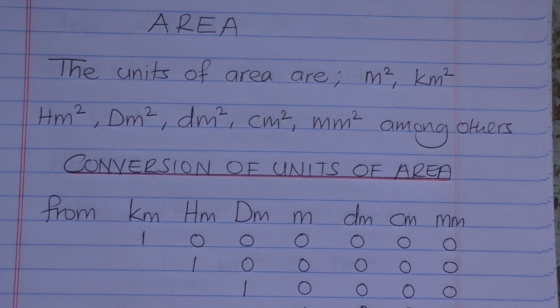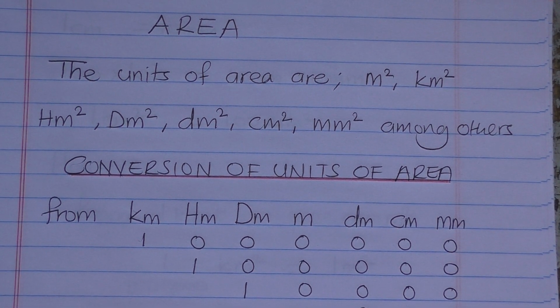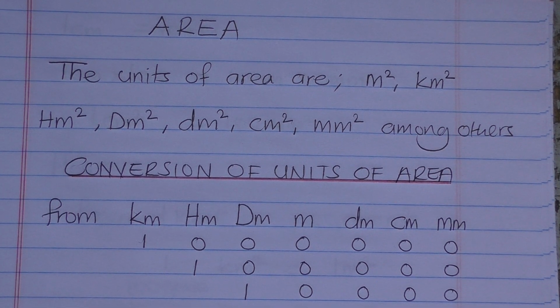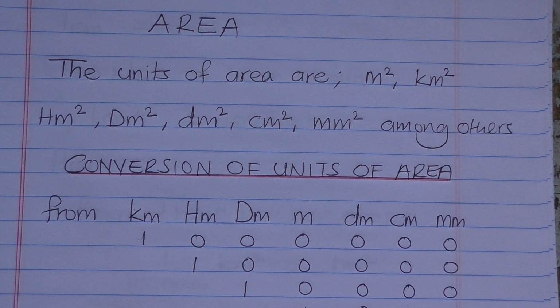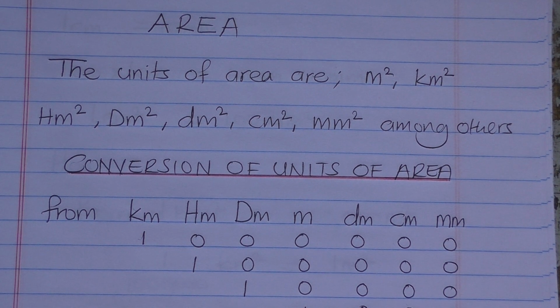Then we have the surface area. Surface area is normally obtained considering three-dimensional shapes. For instance, a tube. Actually, we normally get total surface area because we get the areas of all the surfaces or faces of the tube and add them. A cuboid, and so on. So those are the two categories of area.